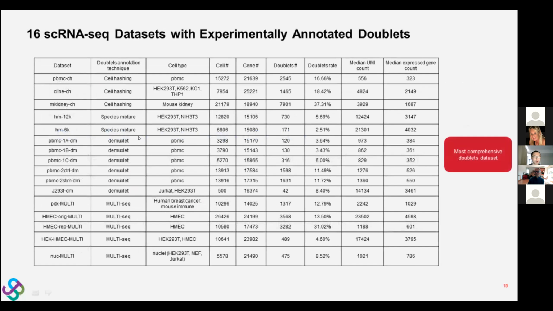To benchmark all those methods, we first collected 16 real data sets with experimentally annotated doublets. This is the most comprehensive doublet data set with doublet annotations, and the annotations were generated by special experimental design. There are two different experimental protocols here.